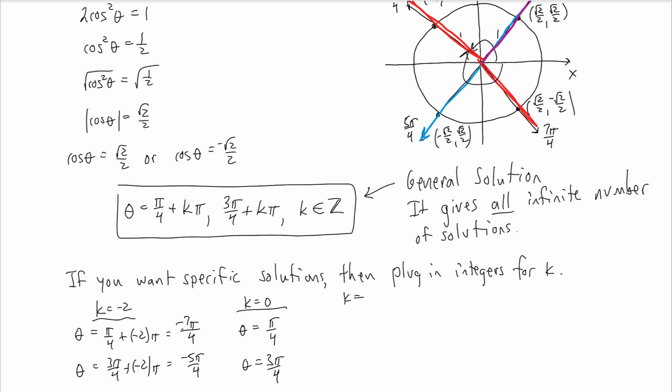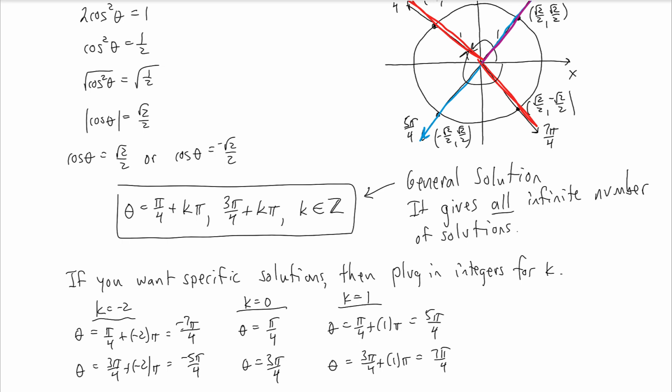Then I could plug in, say, k equals 1, and I'd get theta equals pi over 4 plus 1 pi, which would be 5 pi over 4. But that's one of the answers I found myself, so I already knew that. And then I could do 3 pi over 4 plus 1 pi and get 7 pi over 4. That's one of the ones I found myself. So I can just keep plugging in different integer values for k, and it'll just keep giving me back specific solutions to this equation.